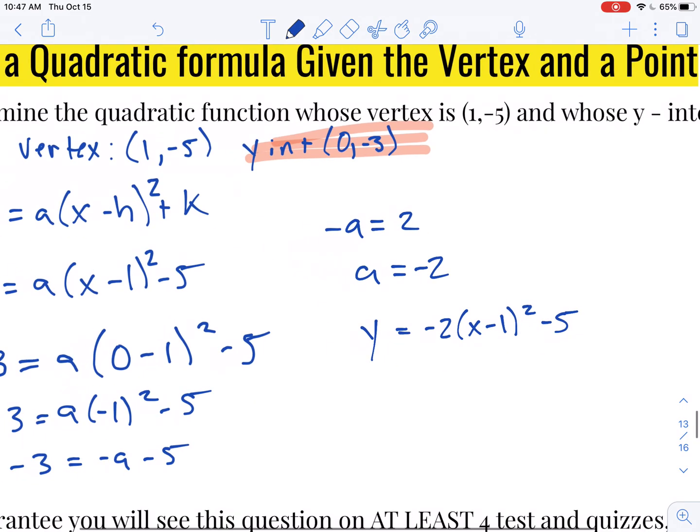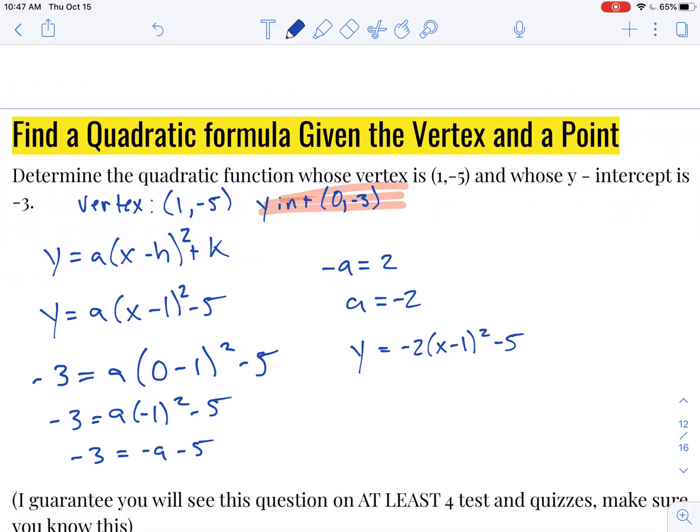I'm going to do a quick check of myself to see if this makes sense. I've got a vertex at (1, -5) and a y-intercept at -3. So something's gone wrong here, because I should have a concave up parabola. If my vertex is at (1, -5) and my y-intercept's at -3, that means it should look like this. So I should have a positive a value here.